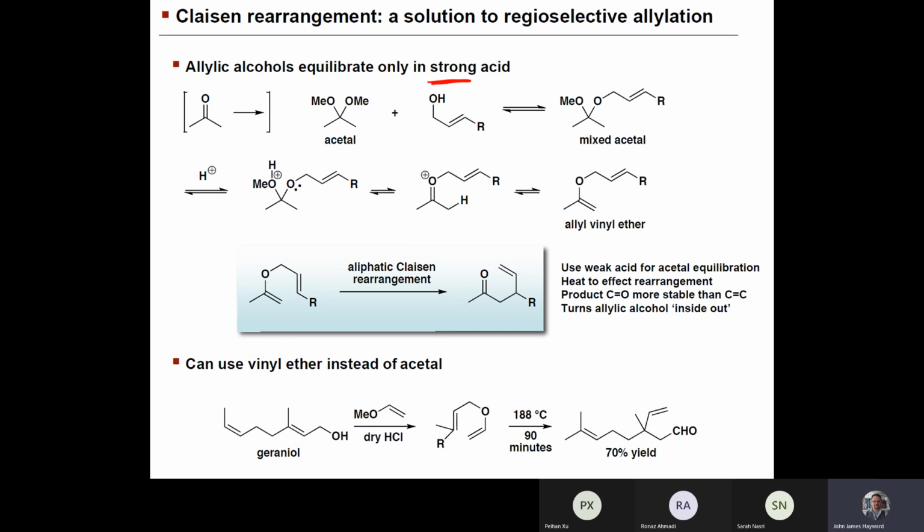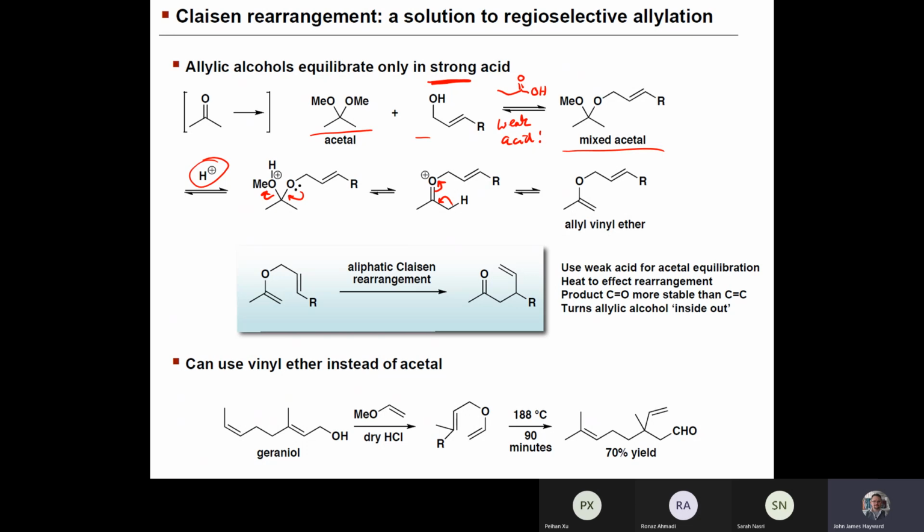So, if instead we use a weak acid, which is traditionally propionic acid, which is a weak acid, like I said, then in the presence of this acetal, we can use this alcohol first to make a mixed acetal, and then in the presence of more acid, we can protonate our methoxy, kick it out, and finally generate an alkyl vinyl ether, shown here.